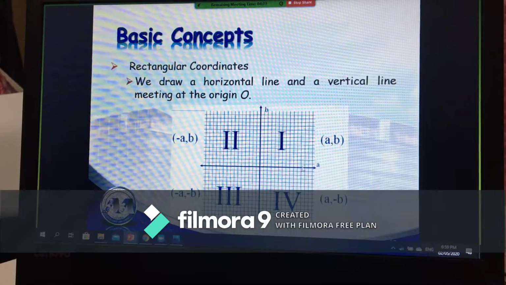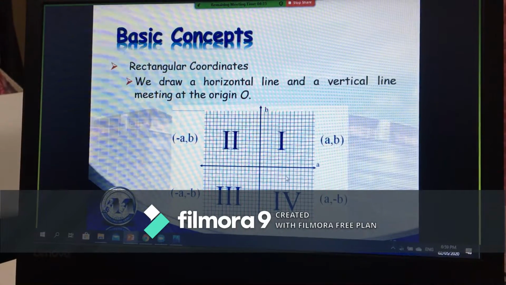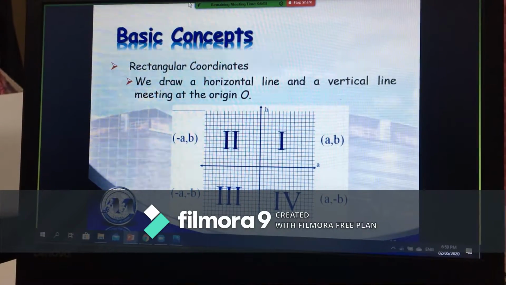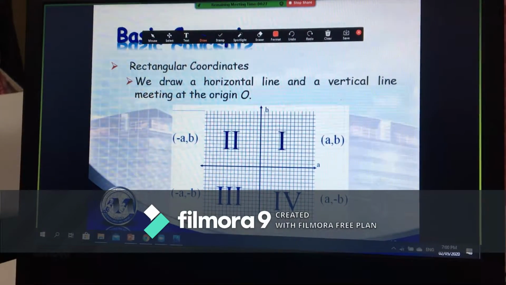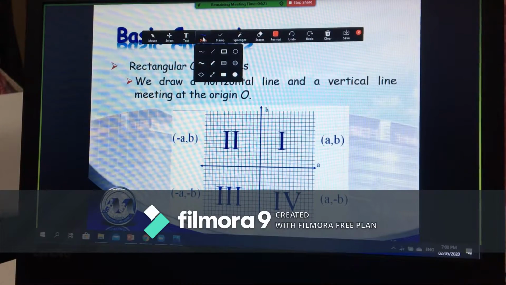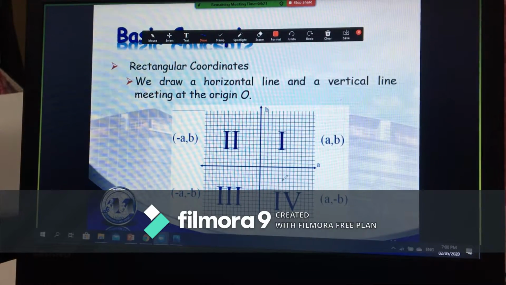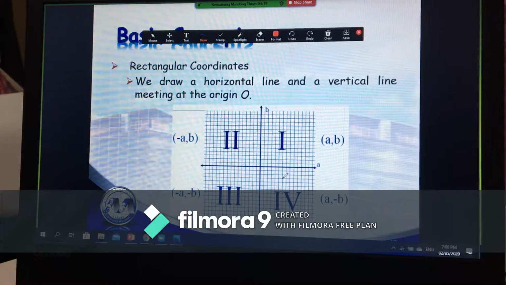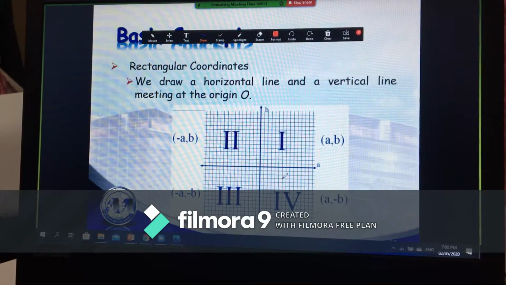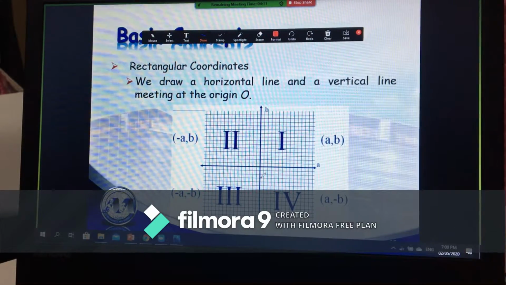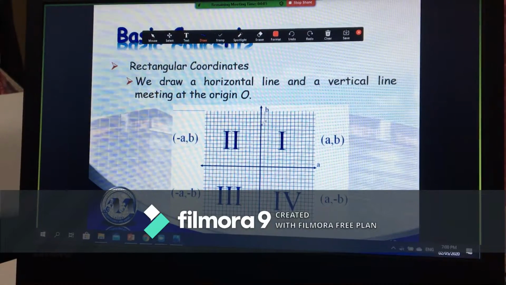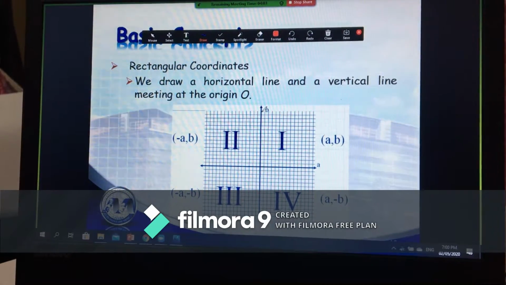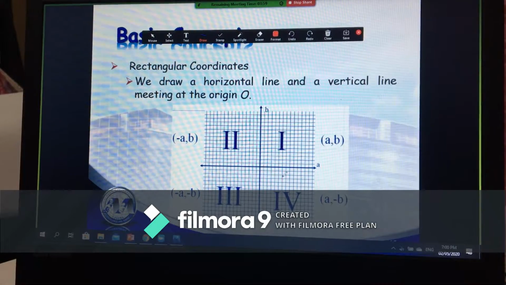Now on the fourth quadrant, class, ang A value niya is positive because going to the right siya. For example, I will draw something here. For example, you take a point from here. Okay? If you look at this point, coordinate, no? Galing sa y-axis, going to this point.